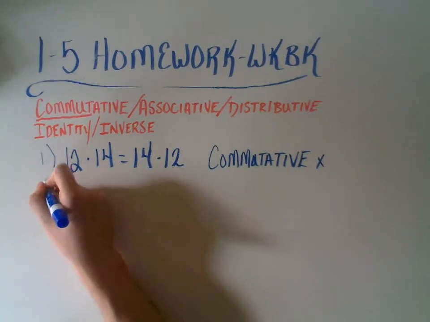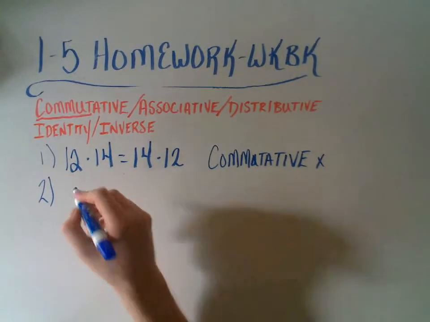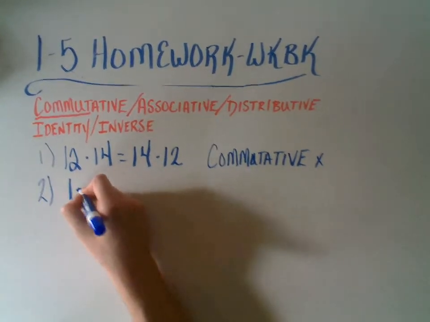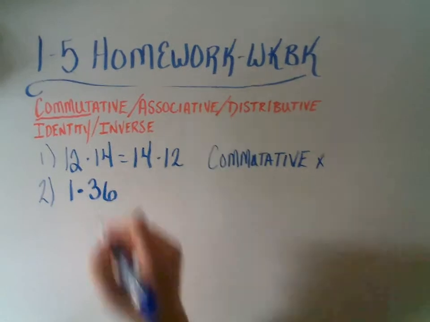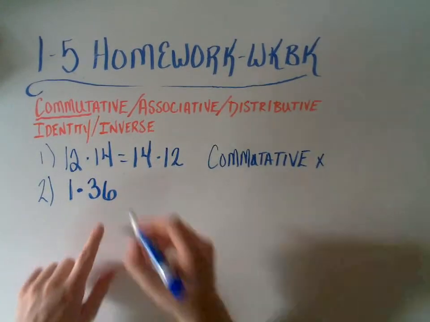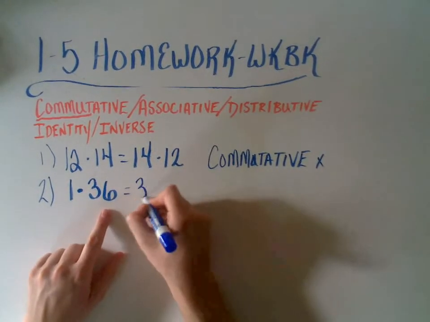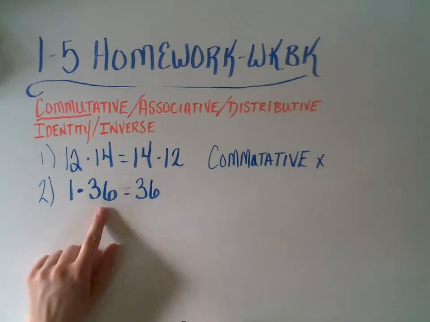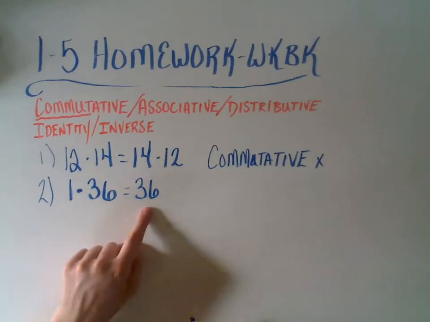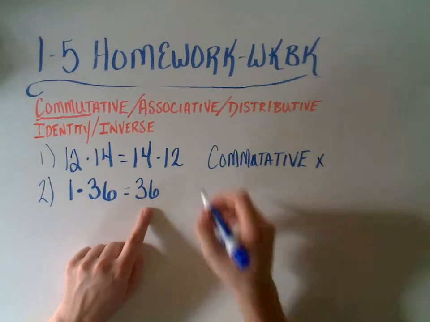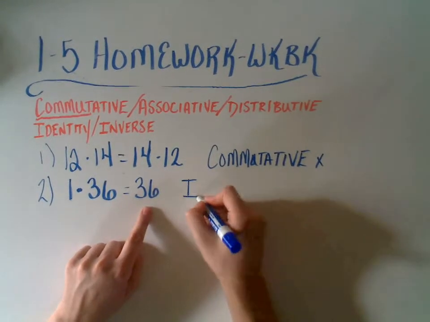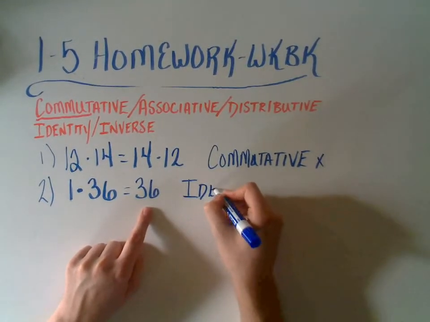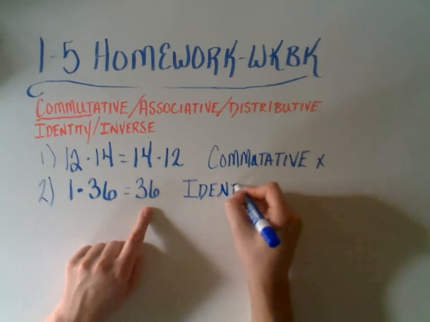If we take a look at question number 2, it says 1 times 36. Well, what they're saying here is that I get the same answer when I multiply by 1. The same number still pops up here in the answer. And that's the identity property. And of course, this is the identity property of multiplication.